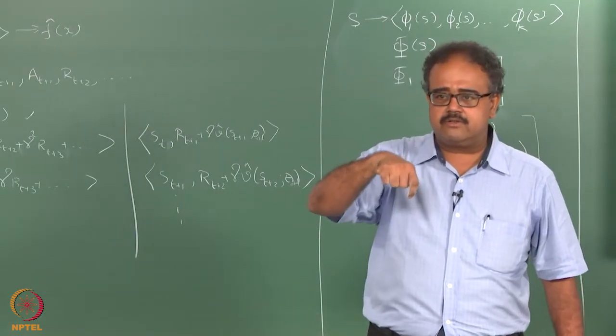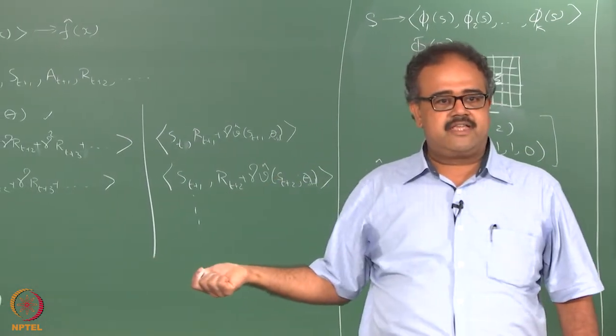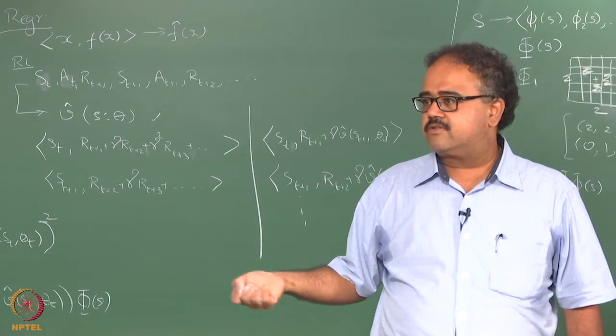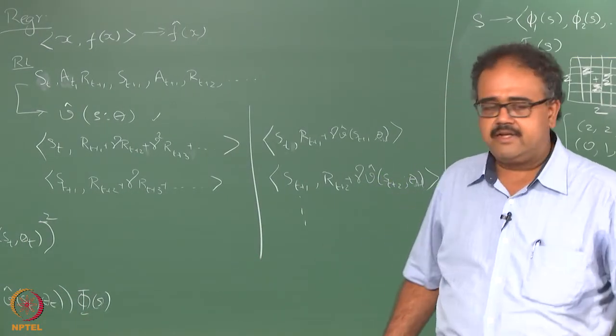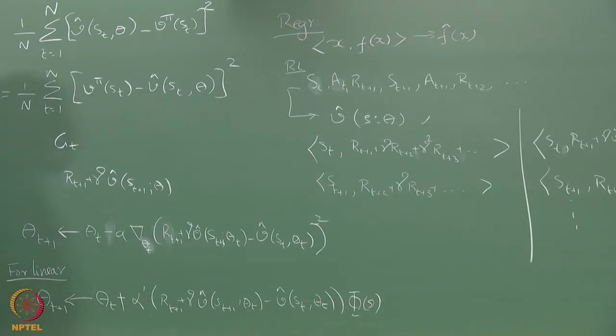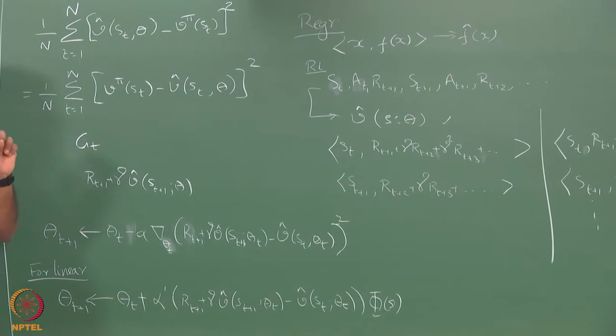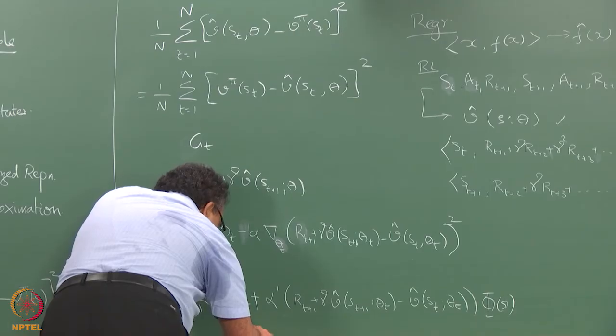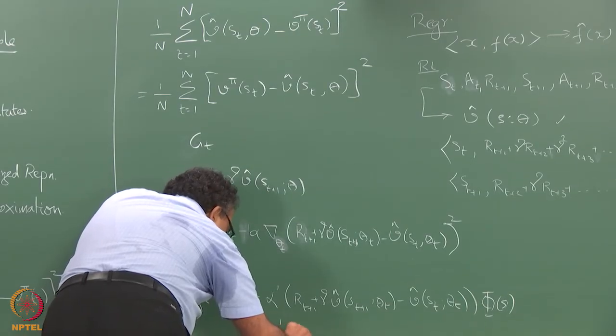Likewise, theta 2 will get updated with the same error times phi 2 of s, and so on and so forth. This is actually a set of equations written there, right. And what is this? TD error, right.